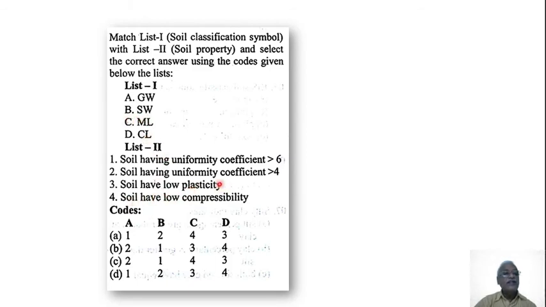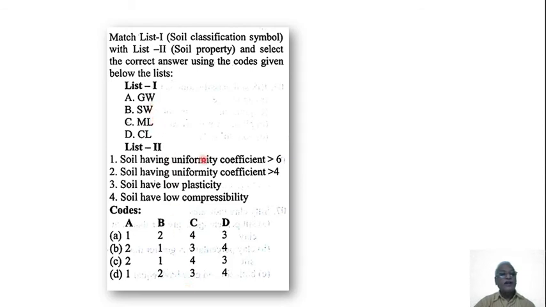Low plasticity is silt, right? So option D should go with 4. ML can go with 3. Yes, that is C with 3.